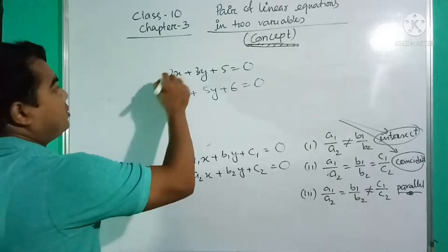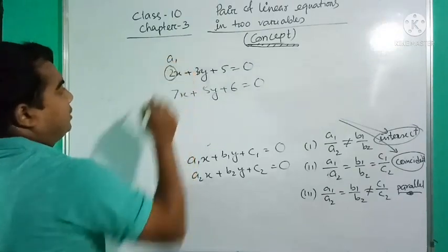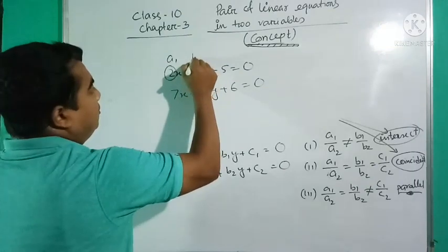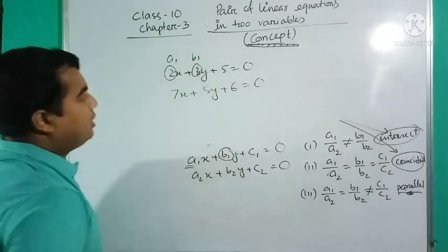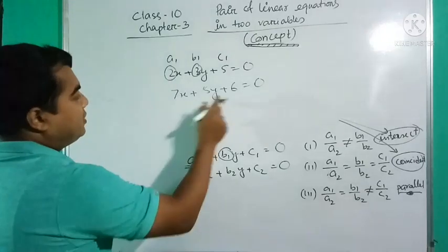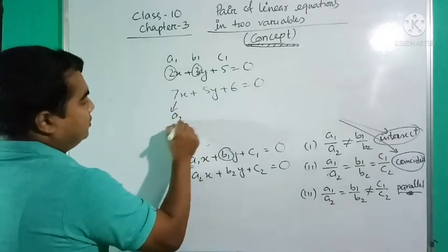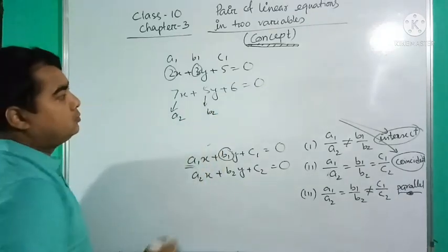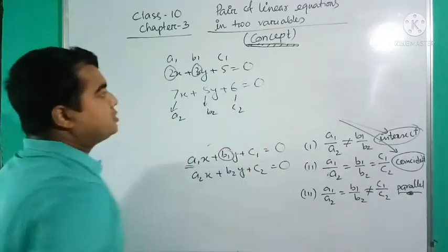The first value is called a1, the second value is b1, and the constant value is c1. Similarly, in the second equation, the first value is a2, then b2, and the constant is c2.